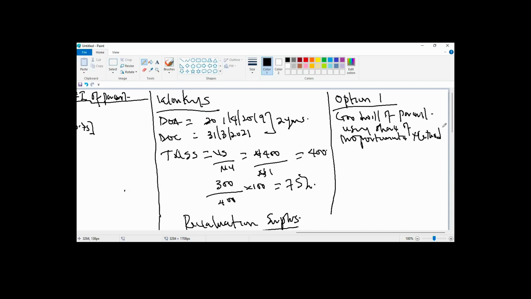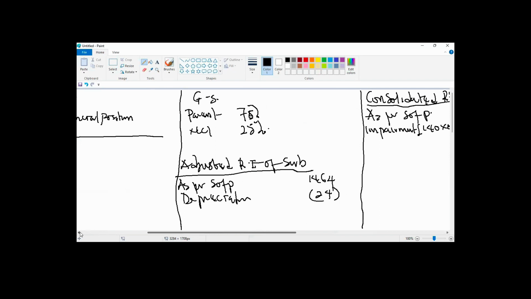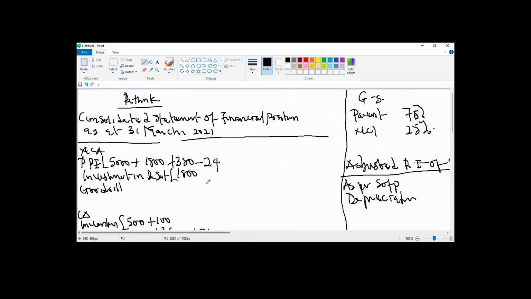I will now say cost of investment. It has been recorded. Go to the question. I need to calculate goodwill, so I will remove it. Minus 18, because I want to use that figure for goodwill calculation.